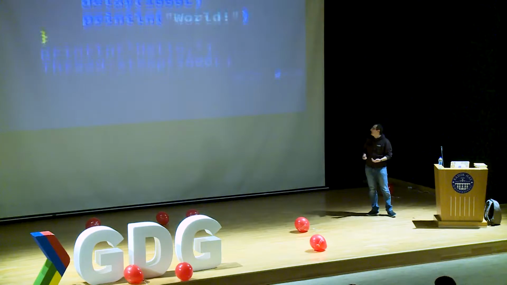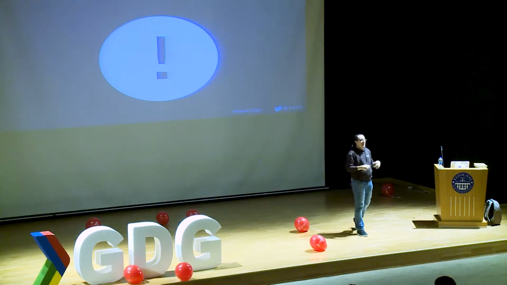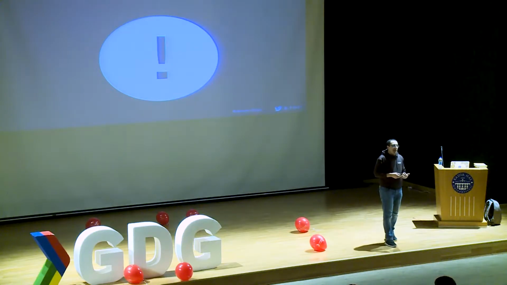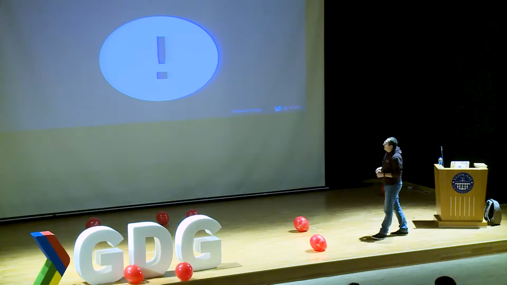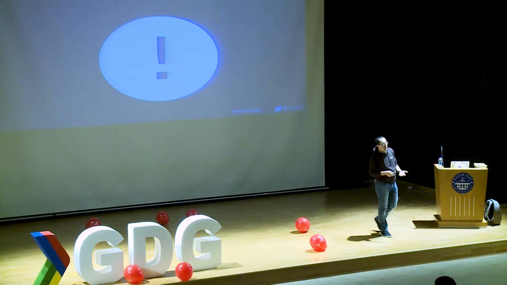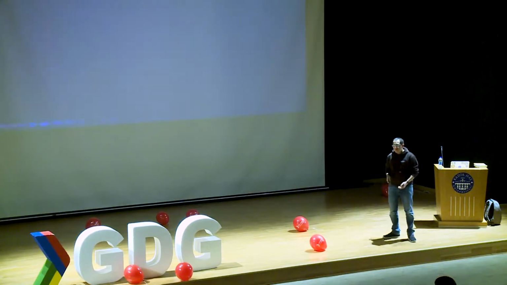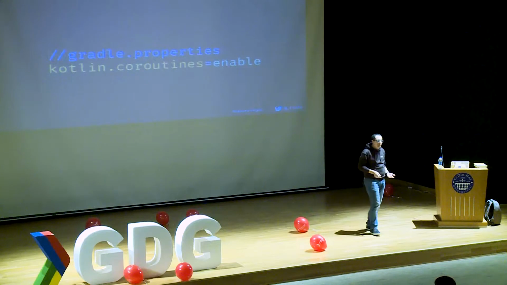But there's a catch, because of course, they are nice, they are easy, and we can definitely use them on Android as well. Problem is that they are not stable yet. They are experimental. So in order to use them, we have to first enable them in our Gradle properties file.